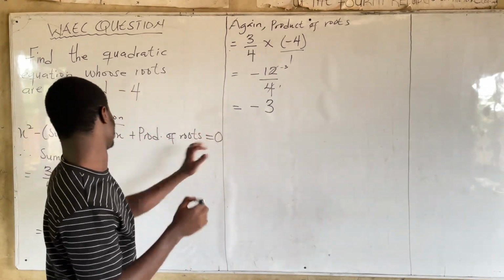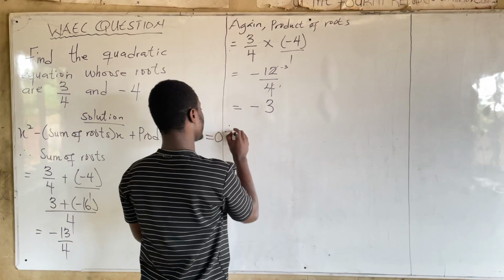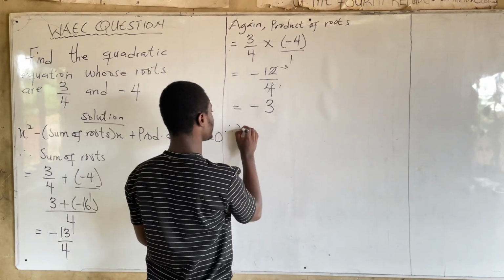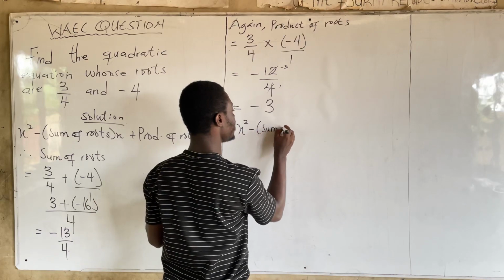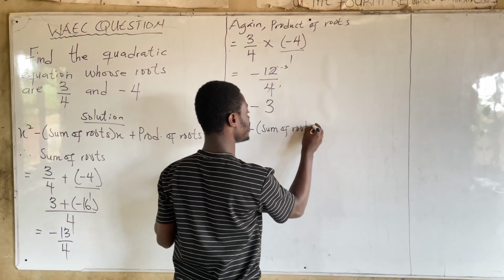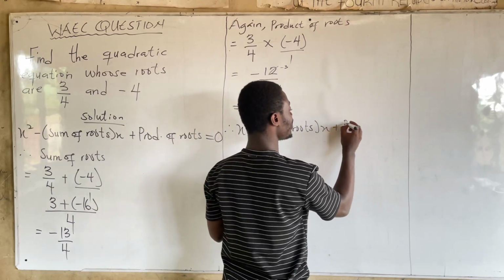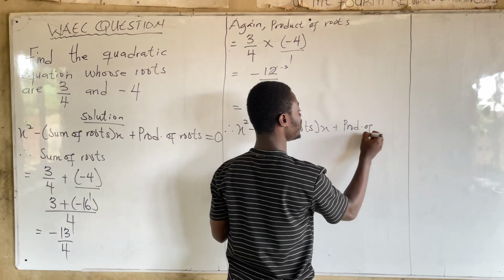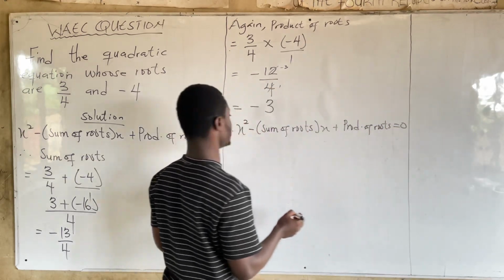Now let's substitute this information into the formula and solve it. We know the formula to be x squared minus the sum of roots times x plus the product of roots, all equal to 0. So let's substitute.